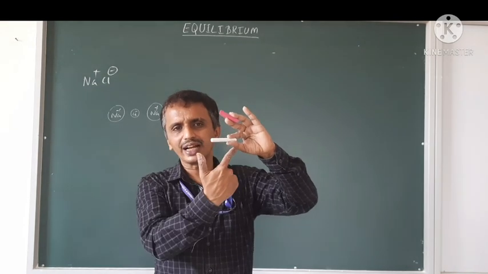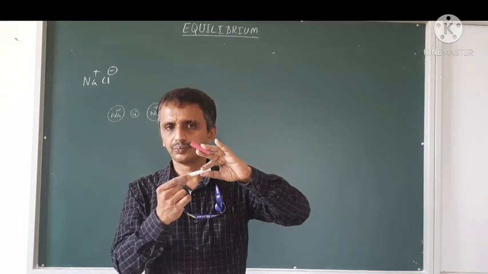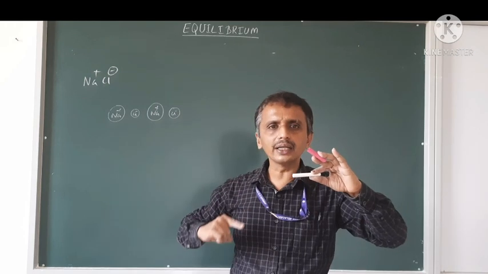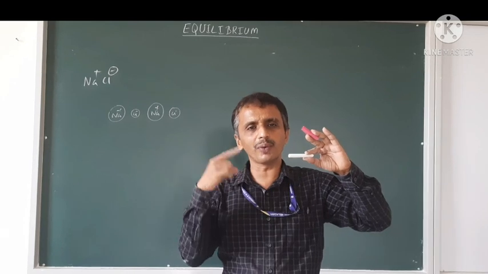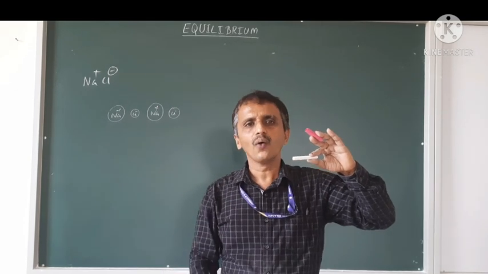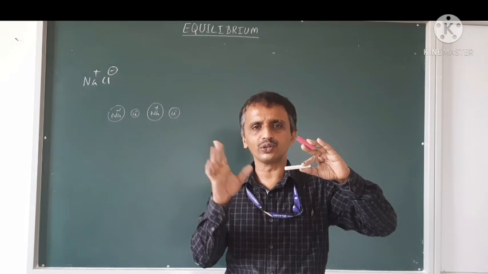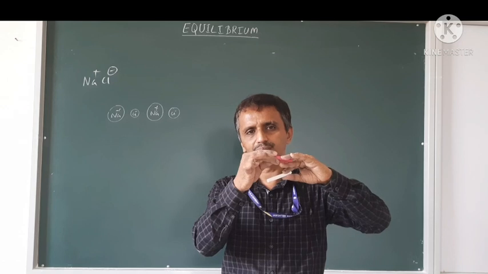They are fixed to the lattice point, so they cannot move. Because in a metallic conductor, conductivity is due to free electrons, whereas in the electrolyte, conductivity is due to free ions. Na+ ions and Cl- ions are fixed here.